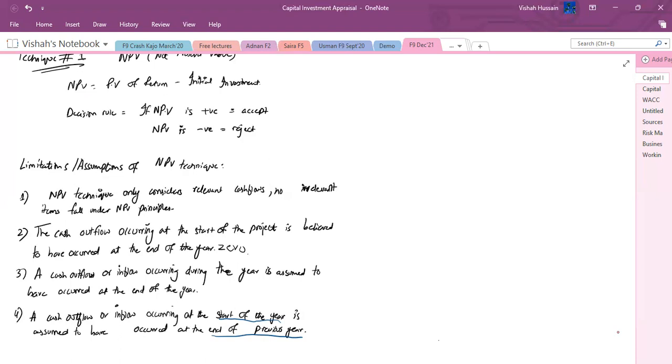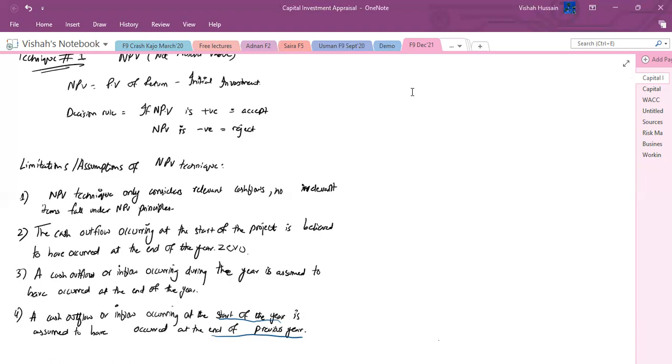But the one you've already committed to, and then you take a decision, this becomes irrelevant to your decision. Okay. Are we clear about these two examples? Yes, ma'am.